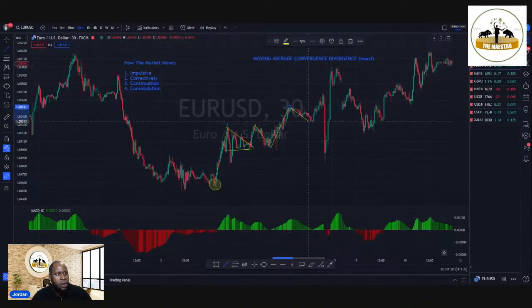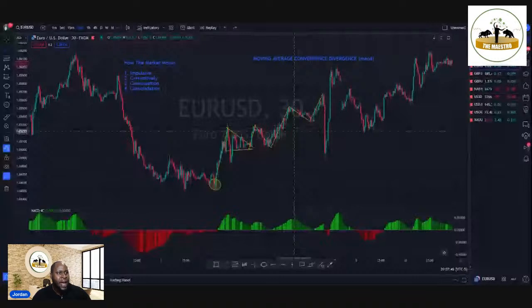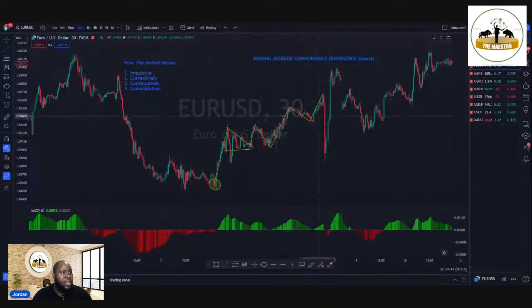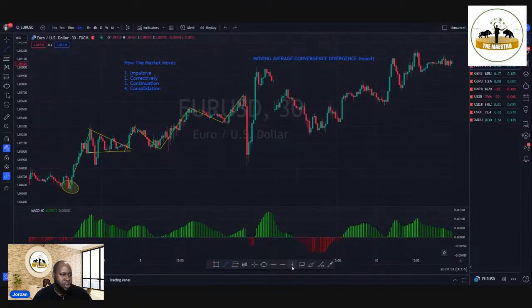Right here is a retest. Over here is a continuation. And then we finally get to a reversal. Now, I mentioned that this big red candlestick that happened here is a reversal. How exactly do we know that this is a reversal? What pinpoints to me that this is a reversal?